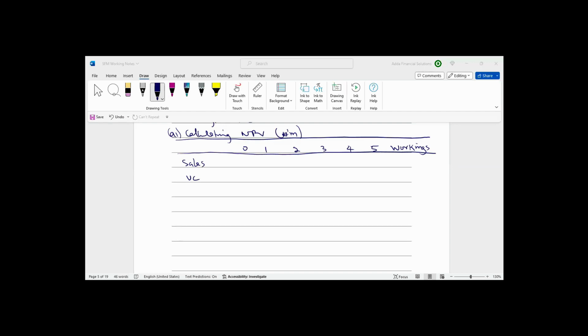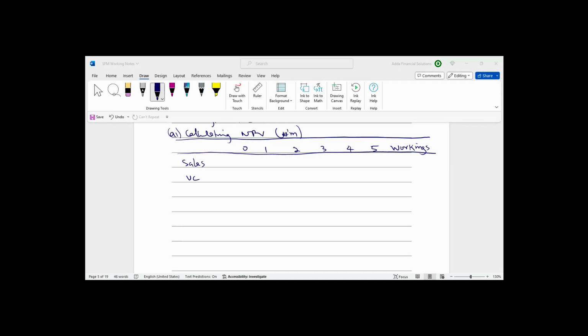Because the examiner has mentioned selling price in current price terms, it means that my selling price is real cash flow. I repeat, because I'm given selling price in current price terms, it means that my selling price is real cash flow. What that means is that I need to convert it to money cash flow.